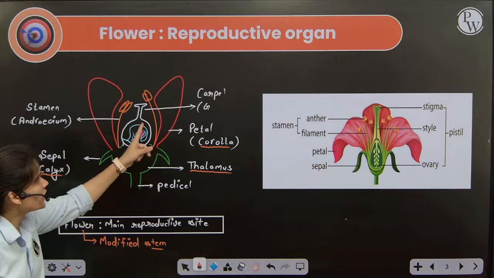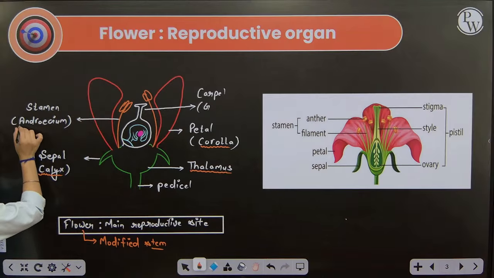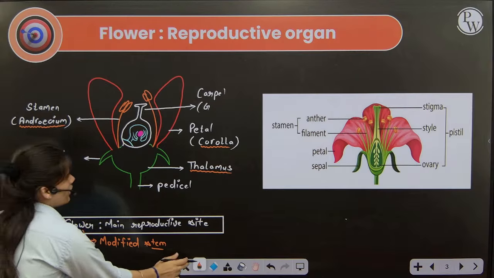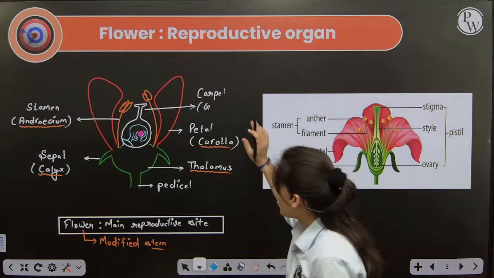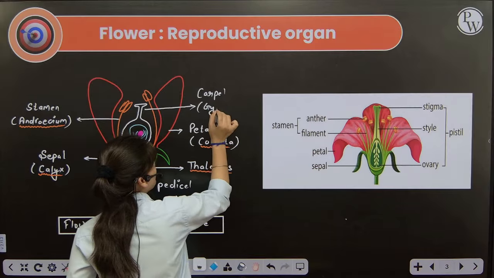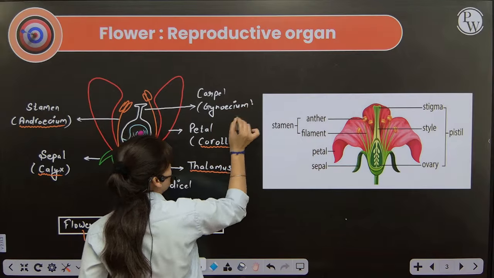Then male reproductive part is known as stamen and this whorl is known as androecium. Then female reproductive part is known as carpel and whorl of these carpels is known as gynoecium.